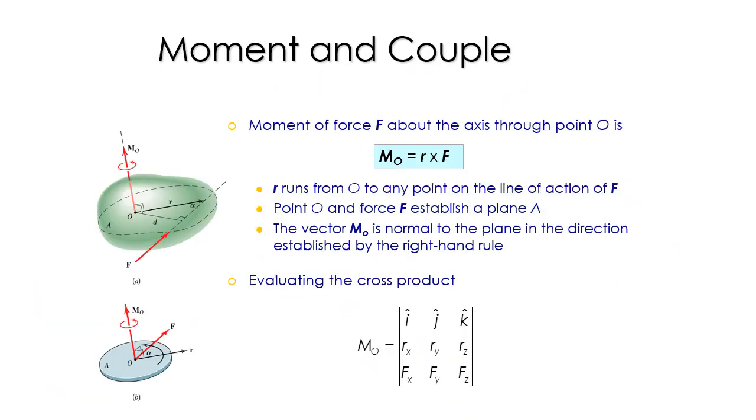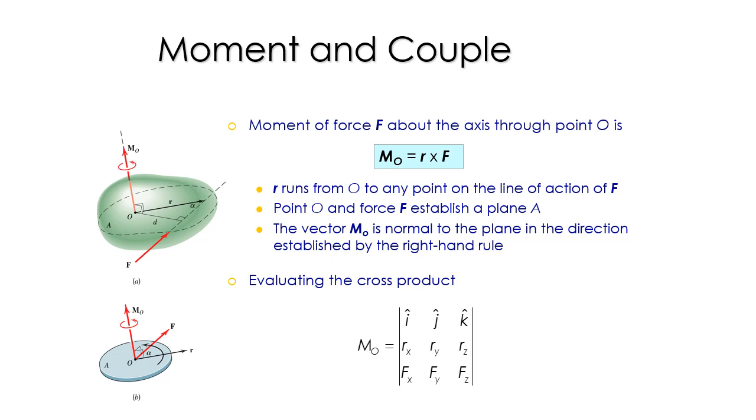So for moment and couple, the moment of force F about the axis through point O is equal to the cross product of R and the force F. Evaluating the cross product, we have here the determinant: i, j, k, then Rx, Ry, Rz, and Fx, Fy, and Fz.